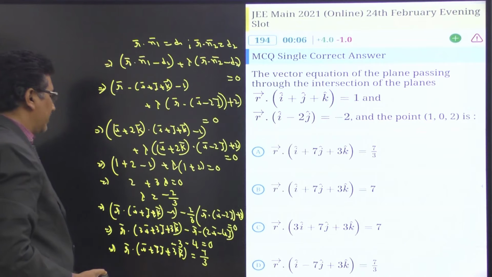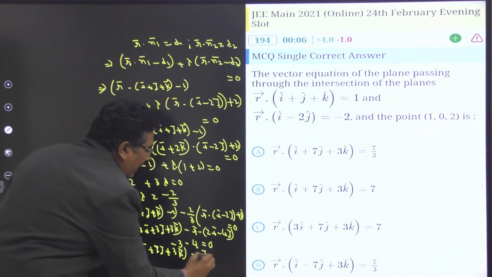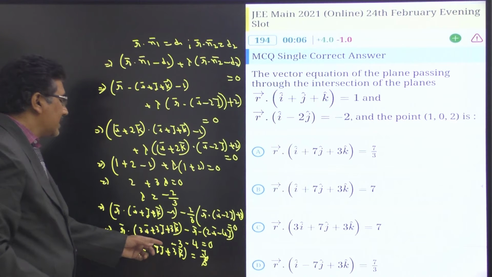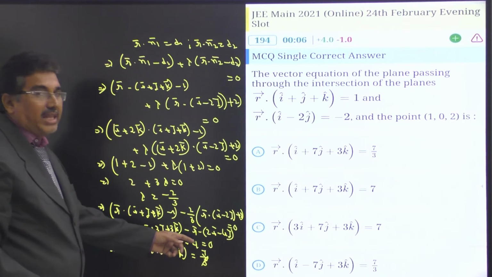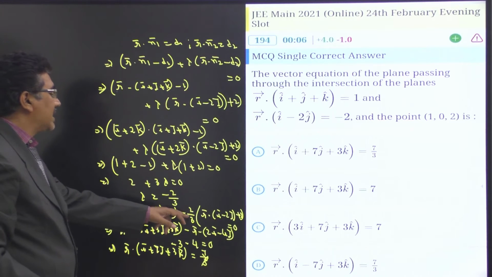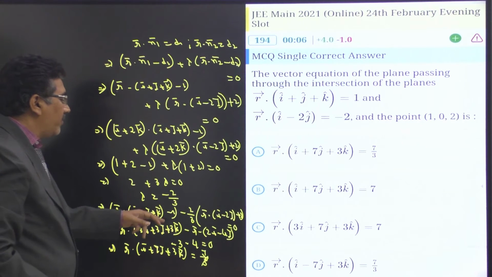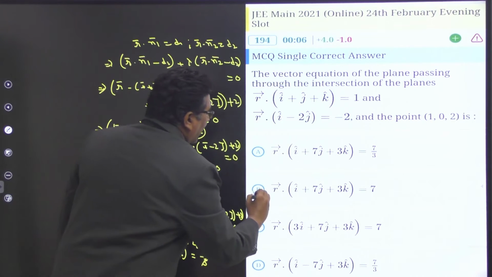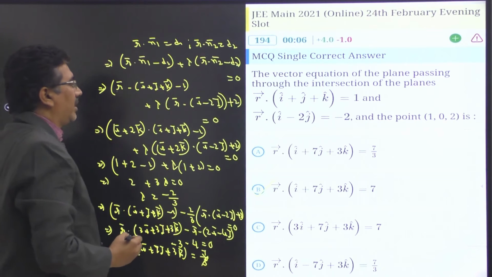Now this is simply 7 only. R bar dot I bar plus 7j bar plus 3k bar is equal to 7. Here take LCM 3 and simplifying this we get the answer, the second option, option B.